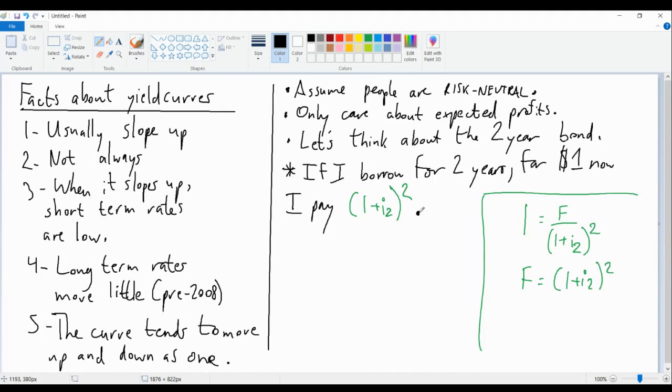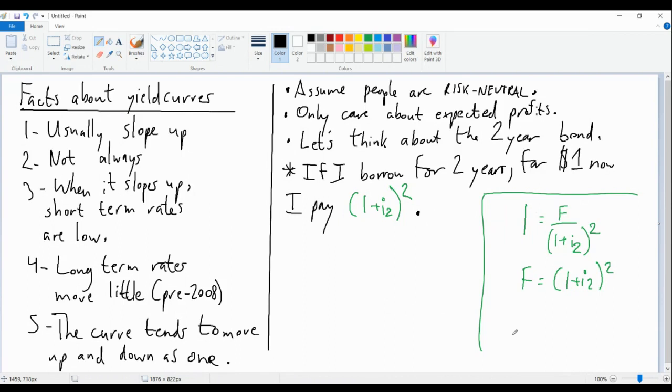What's the point of going through all of this? The point is that if I'm contemplating borrowing for 2 years, I have an alternative way of doing it. What is the alternative way of doing it? It is to borrow for 1 year, and then at the end of that year, borrow again, right?